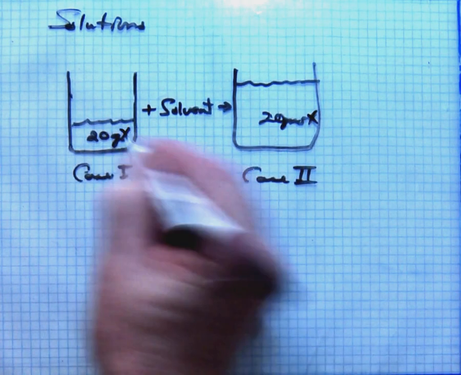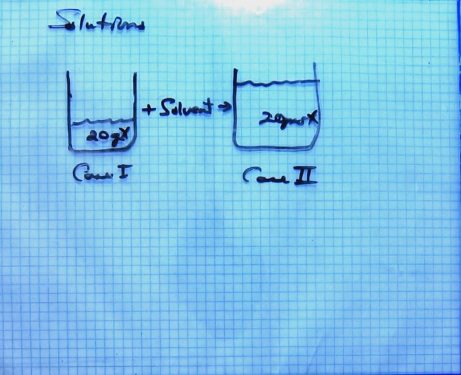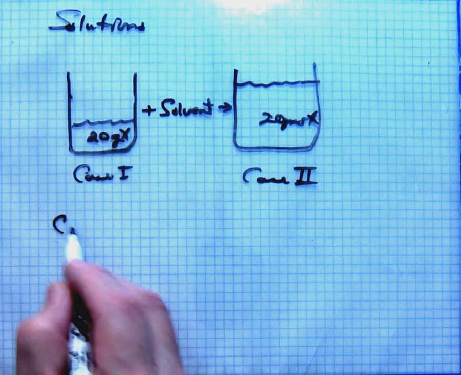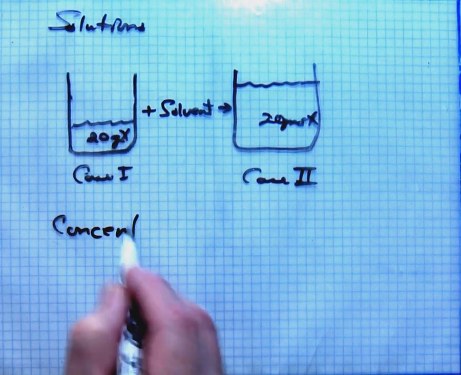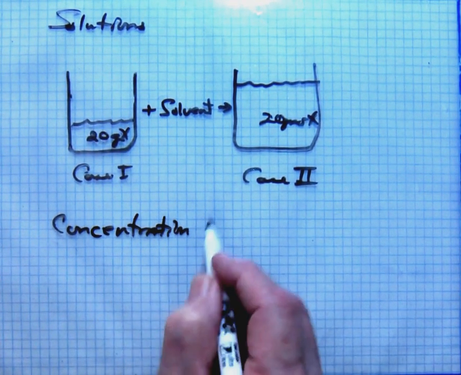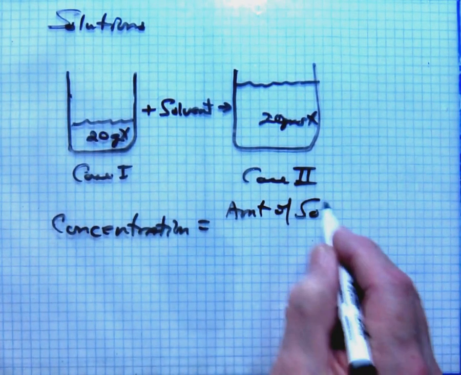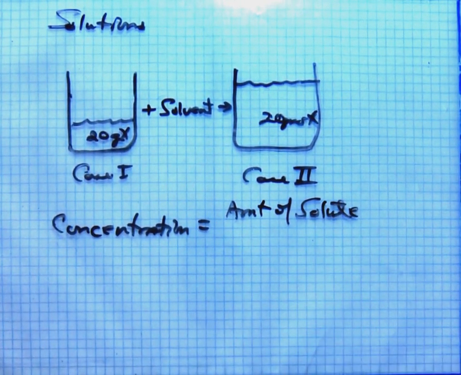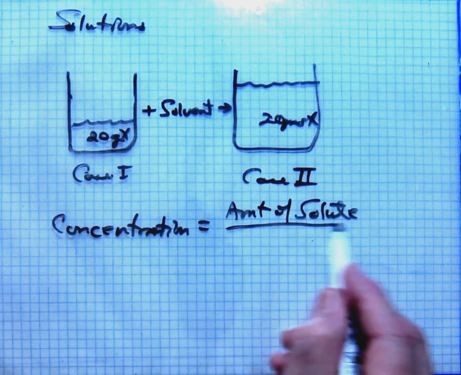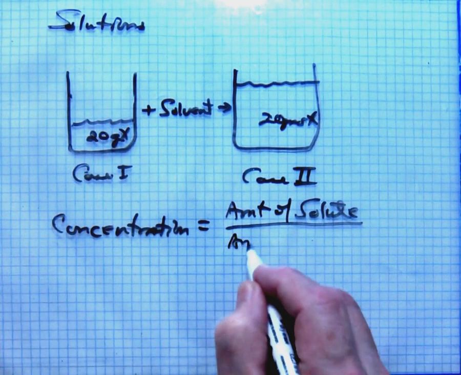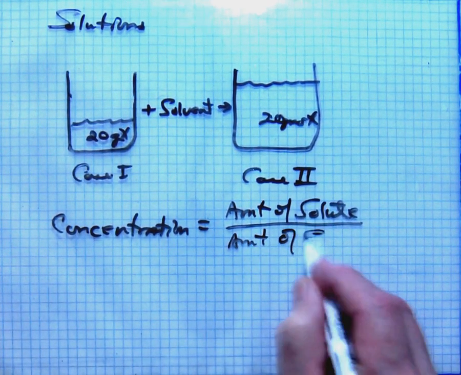Now, when working with solutions in chemistry, what do we work with? We work with concentration terms. A concentration term is an amount of solute. What's the solute? It's a small amount, the smaller component, in an amount of solution.